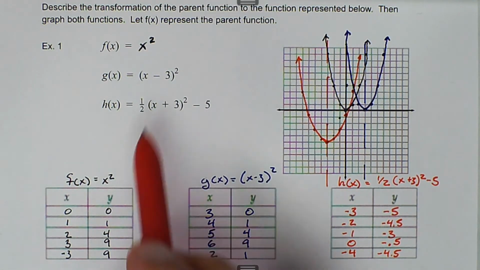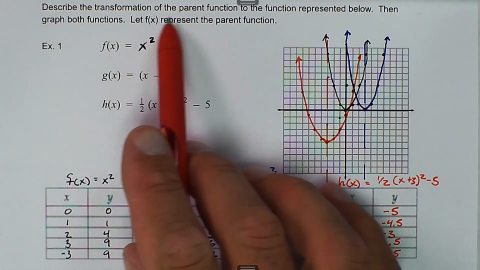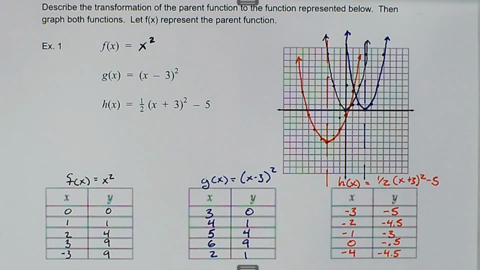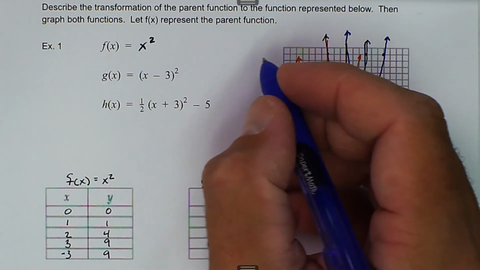So the other question says, describe the transformation of the parent function to the function represented below. So for this function g of x here, the translation is 3 units to the right.